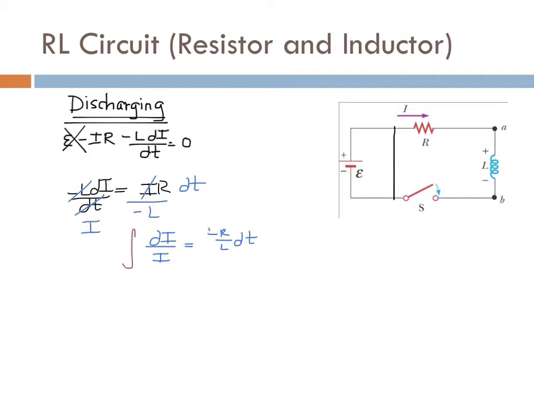Take the integral of both sides. Here, this is going to give us the natural log of I. Now, our limits are I naught, so it has to have a current going through it at the beginning, which means that it is charged, to I, meaning that we're going to solve for the current at some time later after it started discharging. On the right-hand side, it's just from 0 to t, so that becomes R over L times t. This is just the natural log of I over I naught.